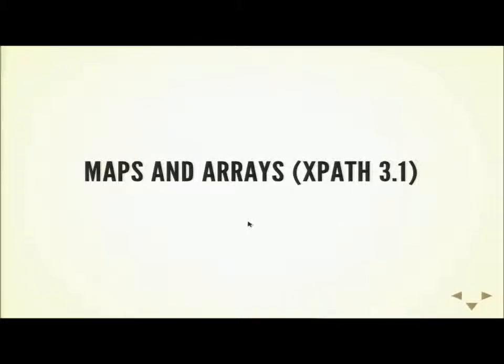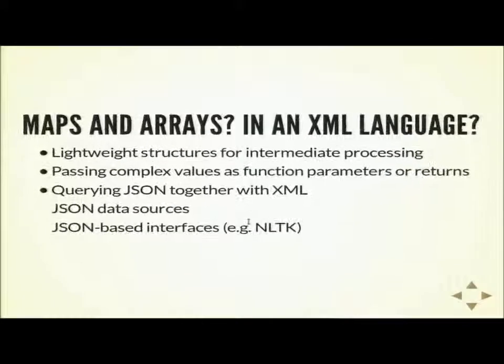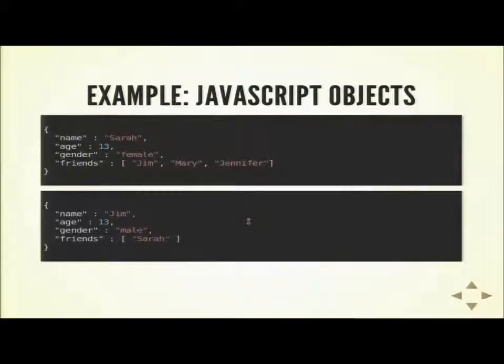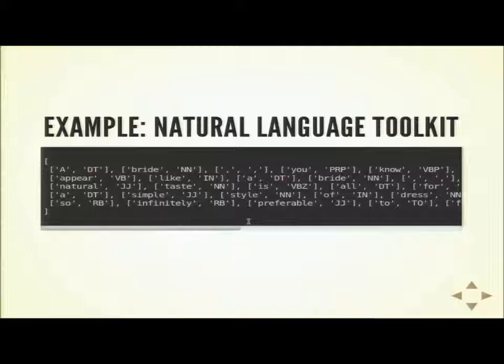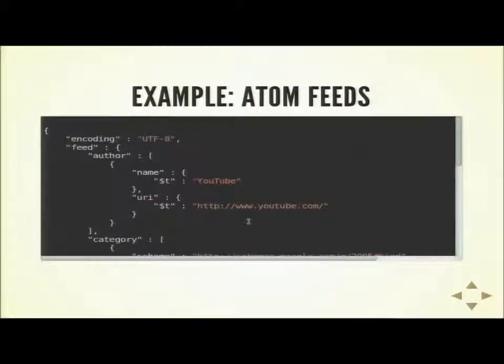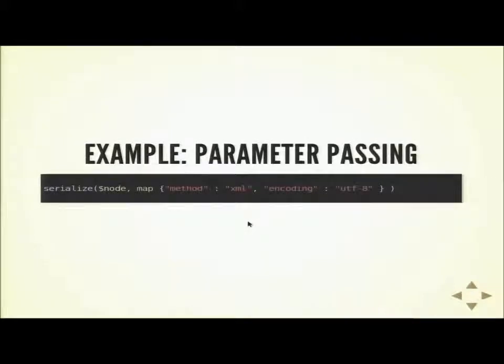Okay, I've got to work very quickly through maps and arrays. Maps and arrays are just like you have in JSON, and we're adding them for two reasons: as a lightweight structure to be able to process things in your XML, and also to be able to handle JSON and other kinds of data, such as JavaScript objects, such as libraries that do natural language processing and return things using JSON structures, such as Atom feeds, and also for parameter passing.